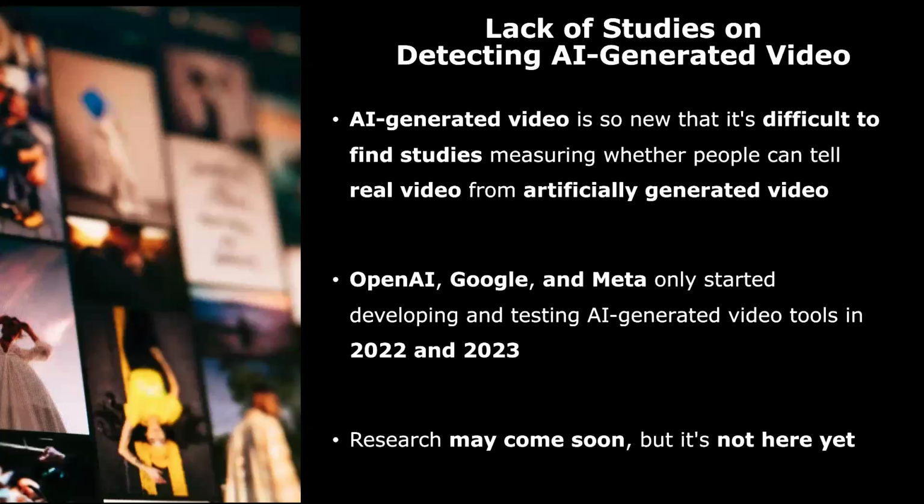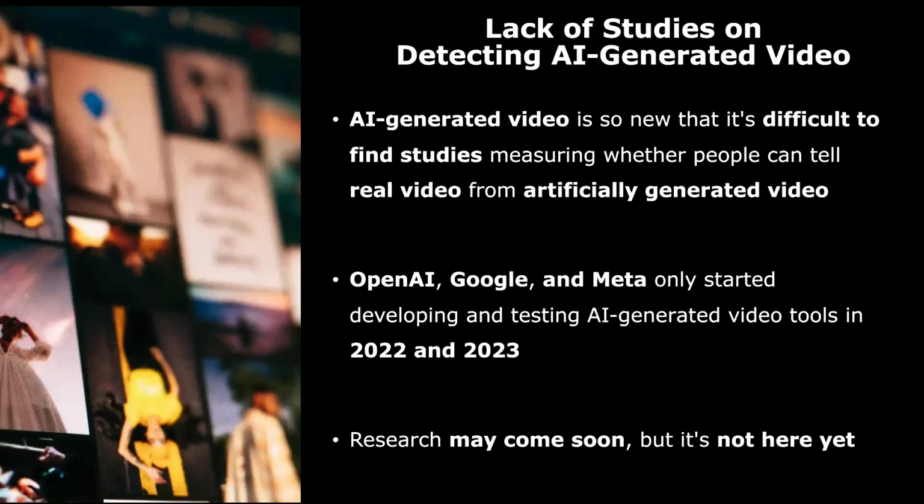While I was able to find studies testing how easily people can identify AI-generated text, images, and audio when researching this presentation, I couldn't find any studies that measured the ability to detect AI-generated video. This is most likely because AI-generated video is such a recent development that academic research simply hasn't caught up yet, as companies such as OpenAI, Google, and Meta only started developing and testing AI-generated video tools in 2022 and 2023.